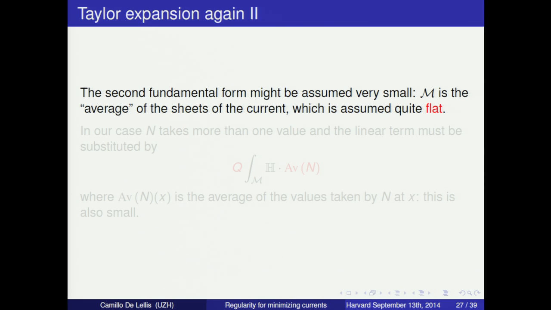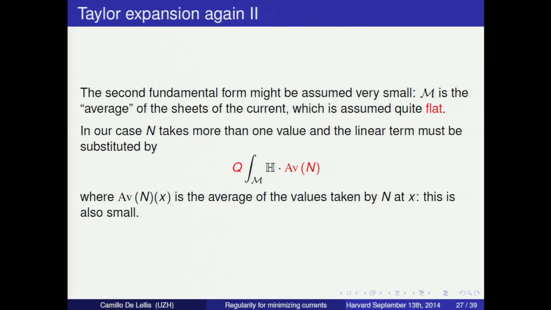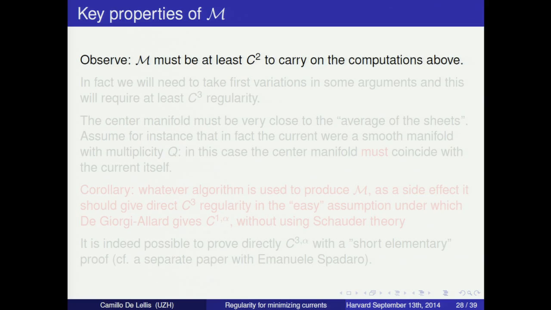So what you can hope is that when you carry on the computation for a multiple sheeted situation, you get that the linear term is Q, the number of values, times this integral, where I don't multiply by a single valued function, but I multiply by the average of the values over a single point. And this average should be 0, because your manifold is more or less almost the average of the sheets. So OK, now you understand what you want from this center manifold.